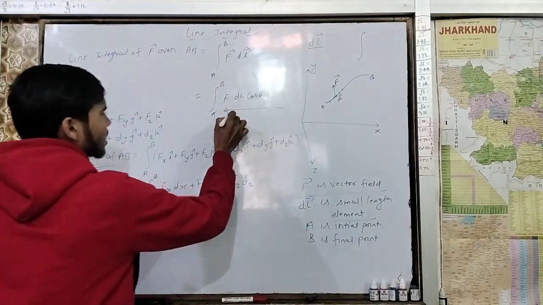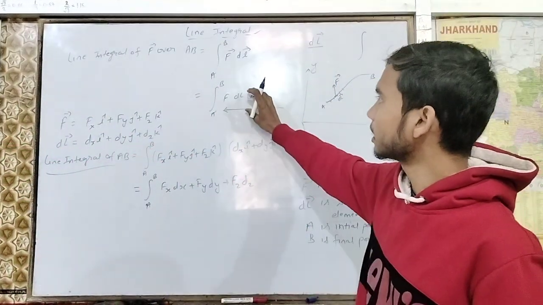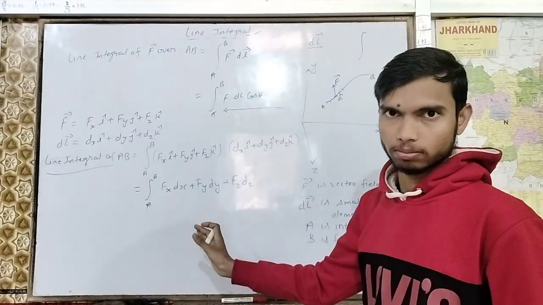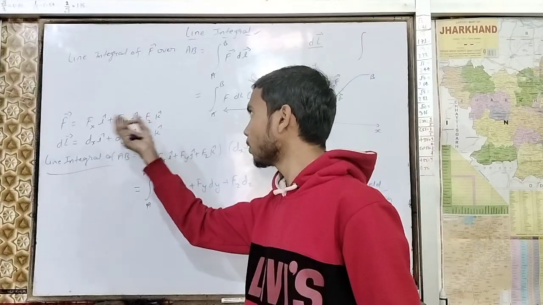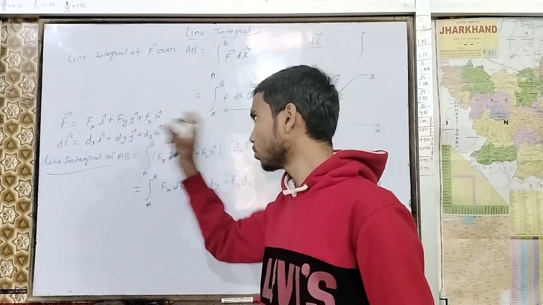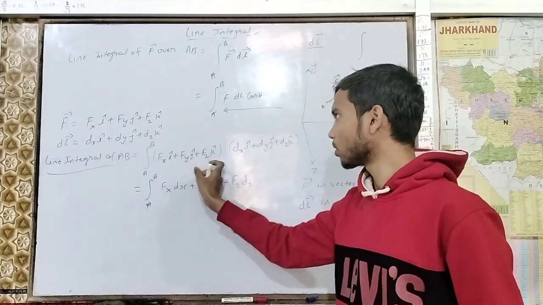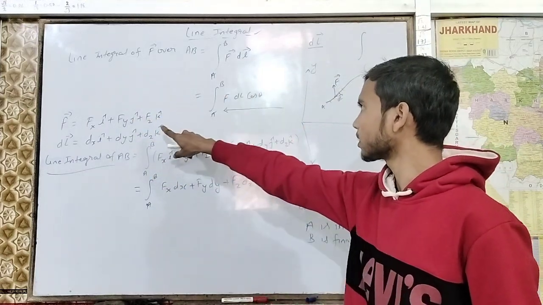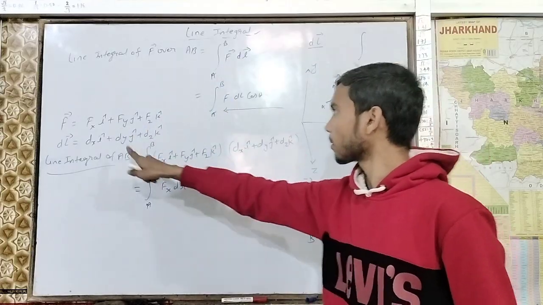Till here this was in simple form. Then we converted it into vector form, and we wrote the components of the vector field and the components of dl. We replaced the F factor by this component and the dl factor by this component.